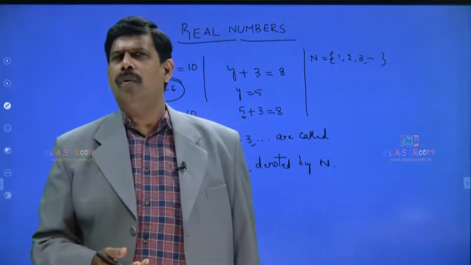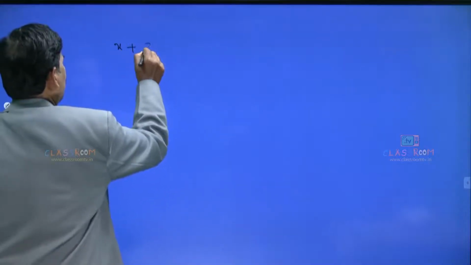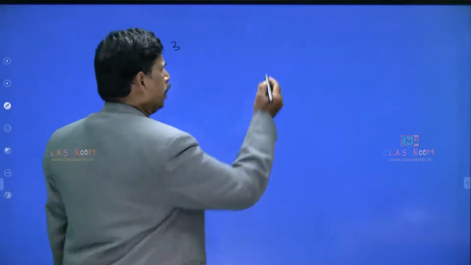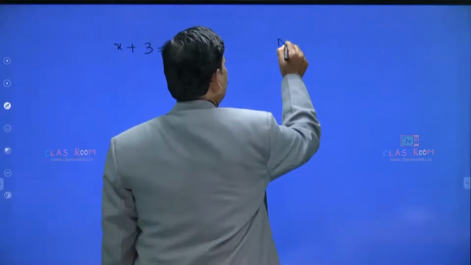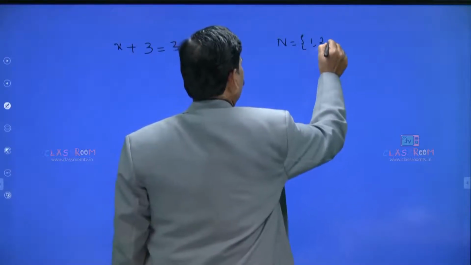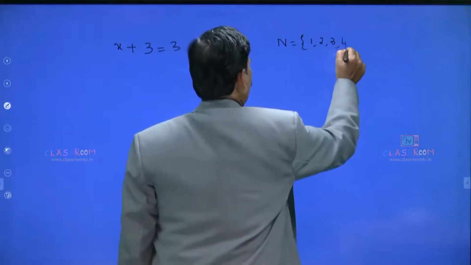Let us see now the other set of numbers. Suppose you take one more equation, for example, x plus 3 is equal to 3. We know the natural numbers are the set of 1, 2, 3, 4 and so on.